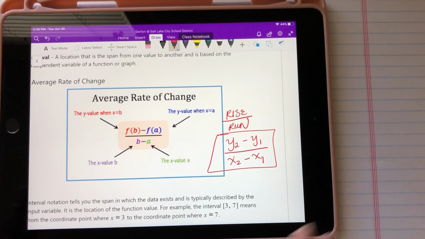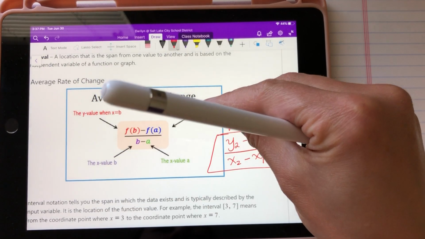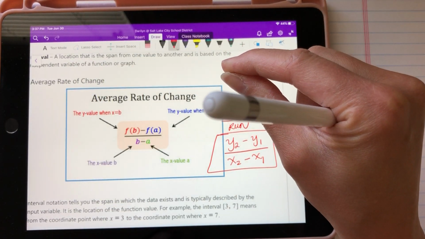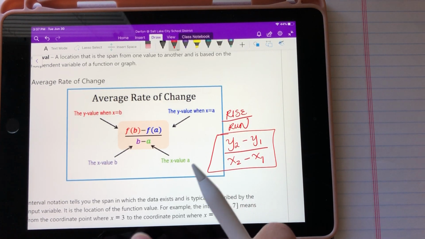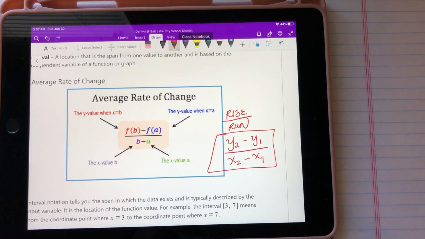Now, you're probably wondering, why is it called average rate of change if it's just like slope? Well, slope is the rate at which a straight line is increasing or decreasing. A straight line. But in Math 3, you've noticed that you don't always deal with lines. We barely deal with lines. We have quadratics, rationals, logarithmic, radicals.